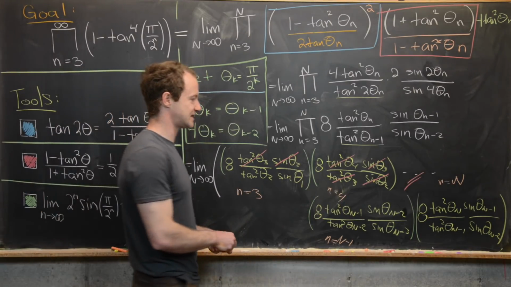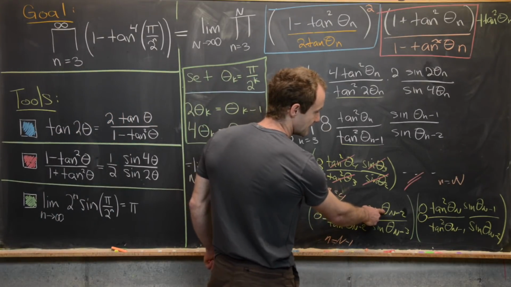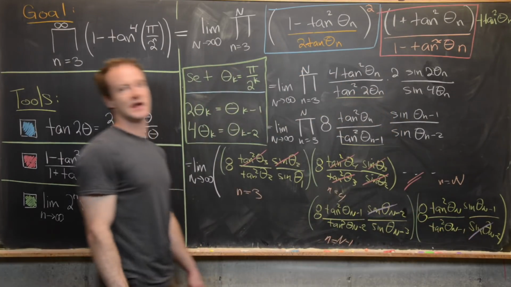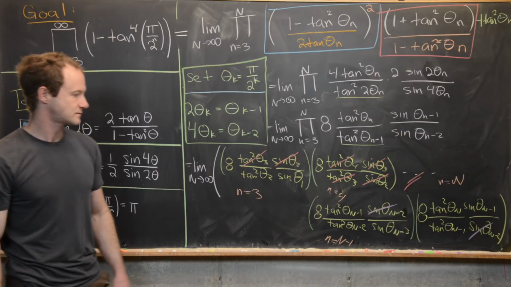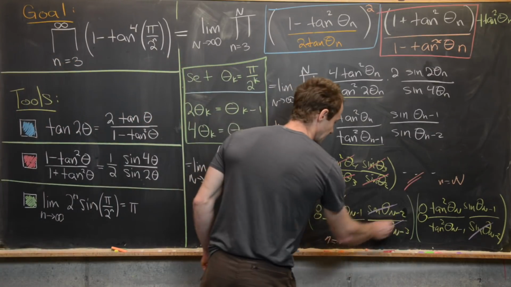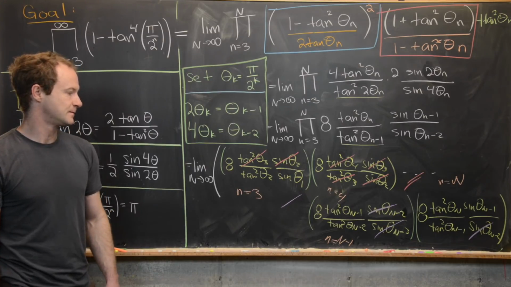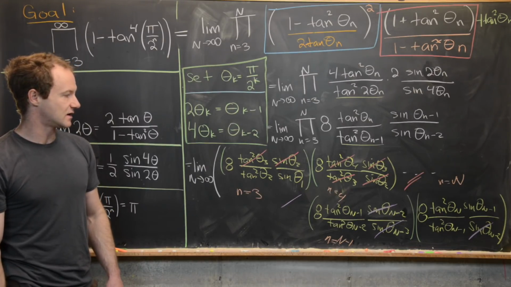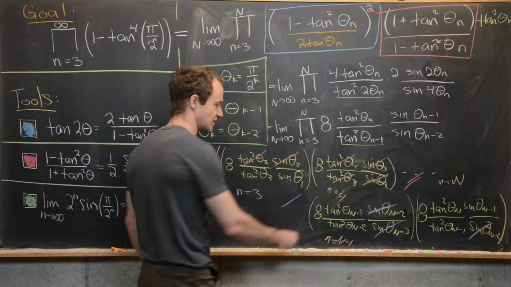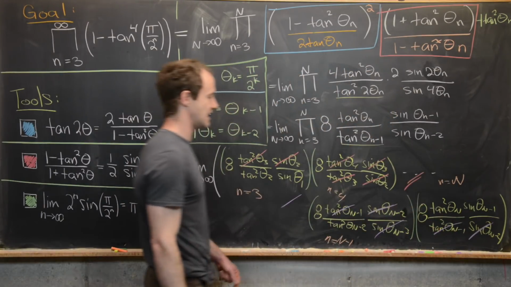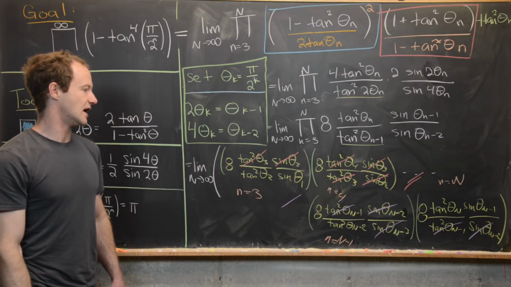Okay, great. And then now let's see what's happening at the end. So here we have a sine theta n minus 2, which is going to cancel a sine theta n minus 2 there. Then we have a sine theta n minus 3, which will be canceled by something in the past. And then let's see what else. We have a tangent theta n minus 1, which will cancel this tangent theta n minus 1 happening in the future.